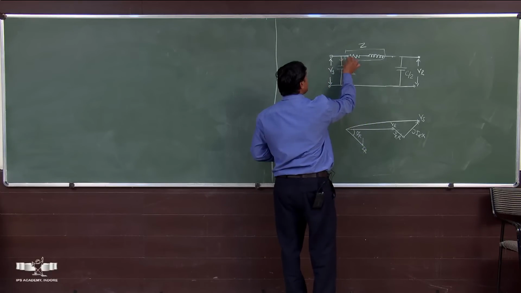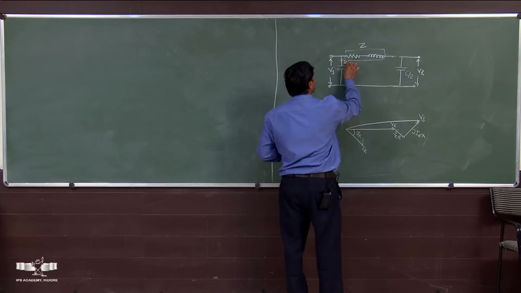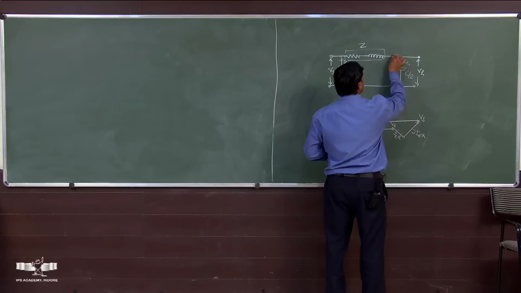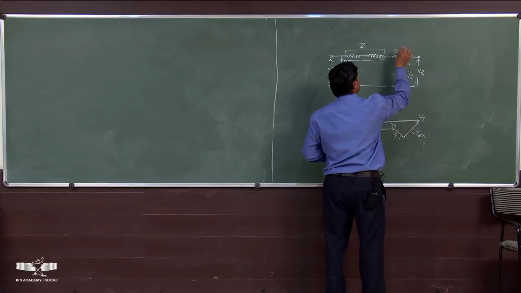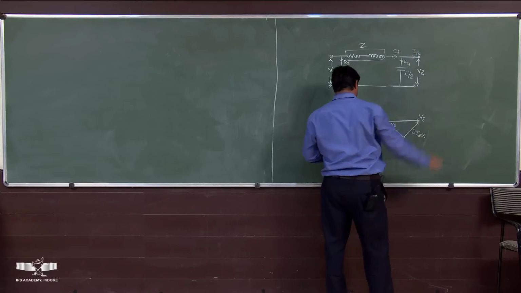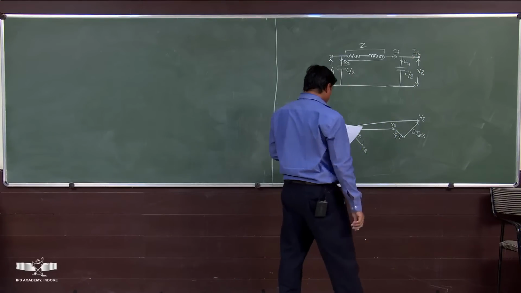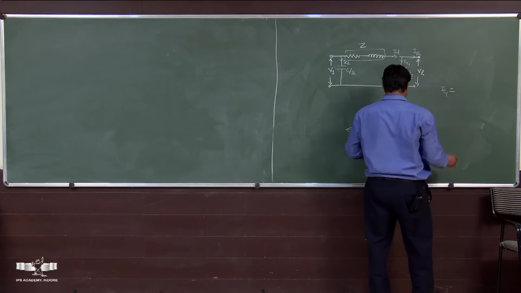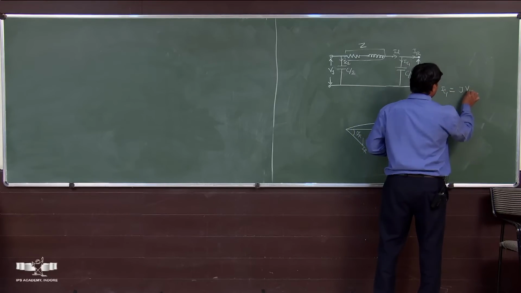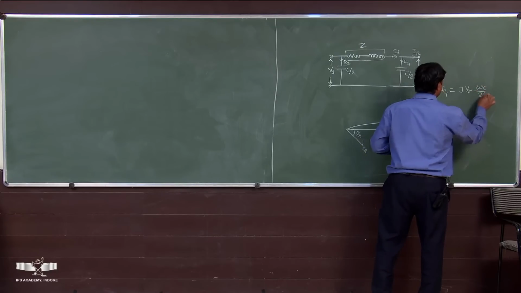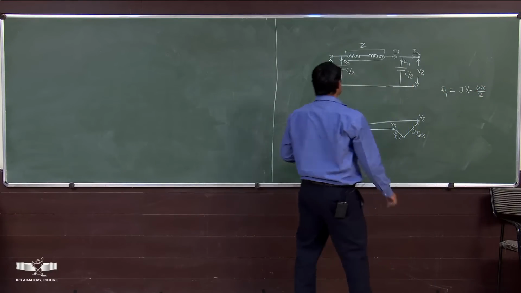Here we represent the currents IC2, IC1 and the line current IL and IR. So, we can write the equation IC1 equal to j VR omega C divided by 2. This is IC1.